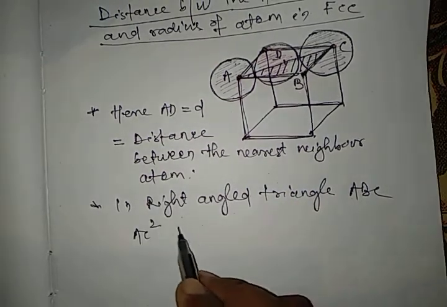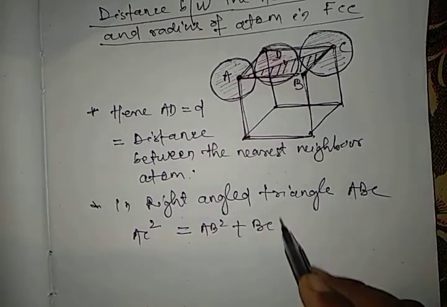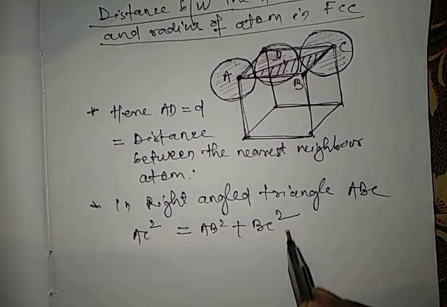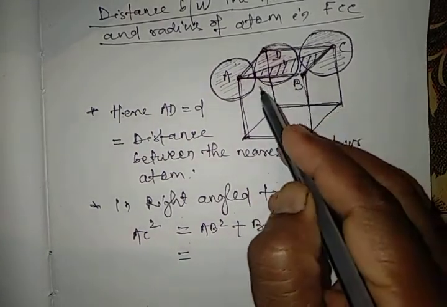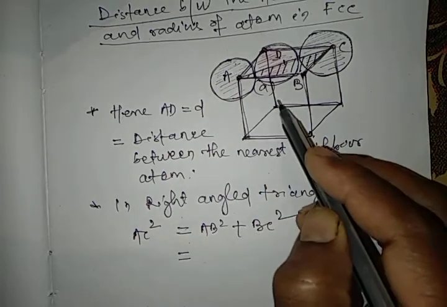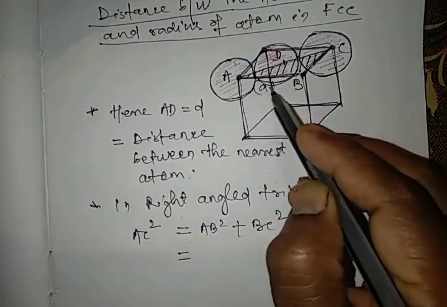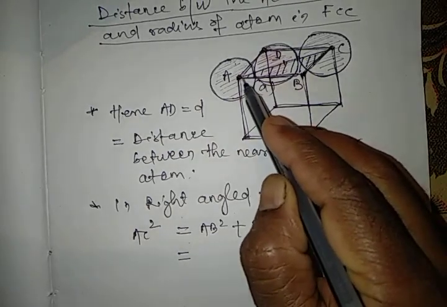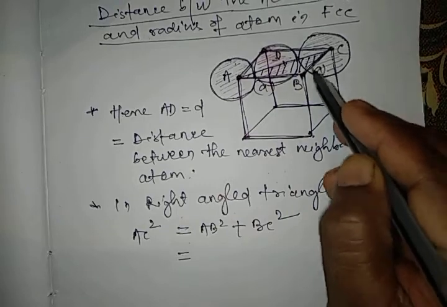In right angle triangle ABC, we know that AC square equals AB square plus BC square. Here AB equals a, where a is the edge length of the cube. Similarly, the length of all the edges of the cube is the same, so BC is also a.